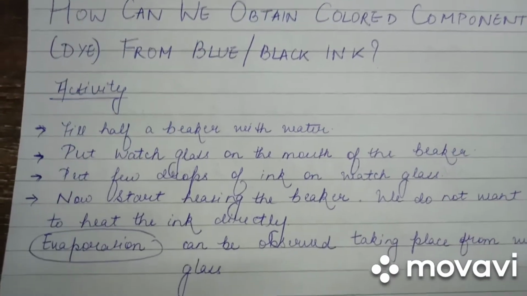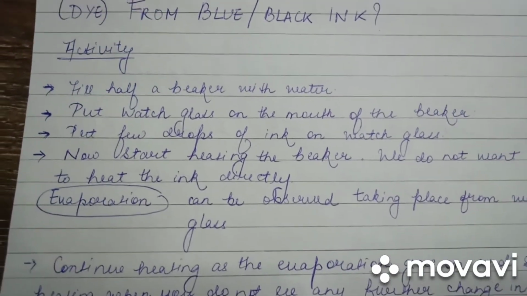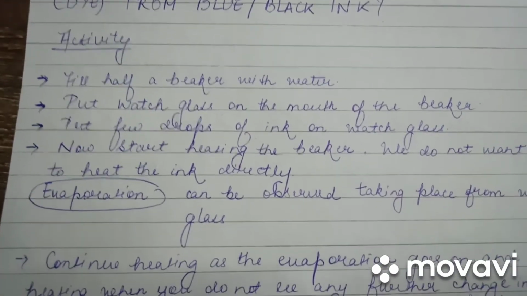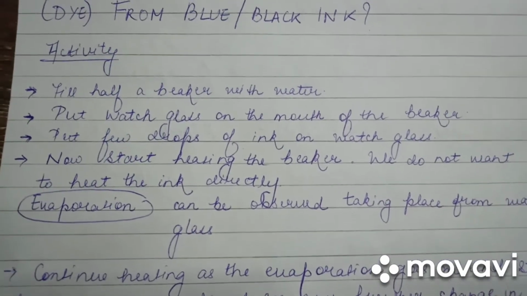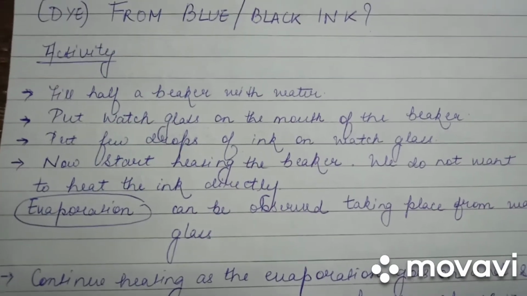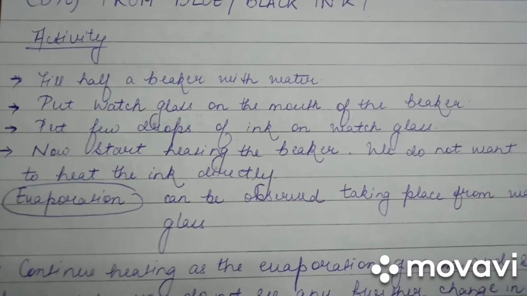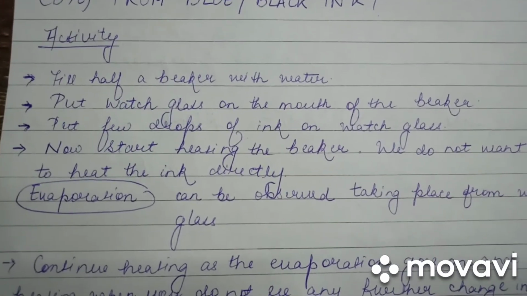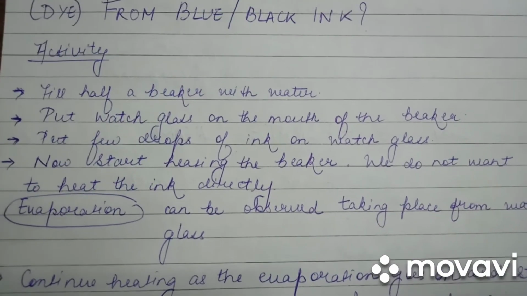Here we have performed an activity in which a beaker is half filled with water. A watch glass is put on the mouth of the beaker. A few drops of ink are dropped on the watch glass, after which the beaker is heated from beneath.